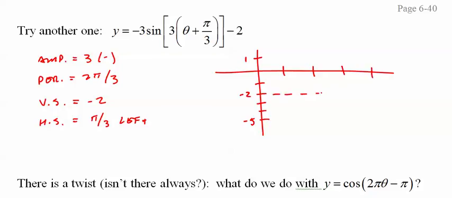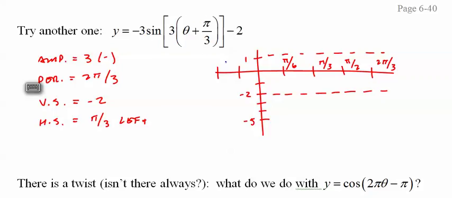Hang on, let me dot some lines in here and try and avoid them. 2 pi over 3, half of that is pi over 3. Half of that is pi over 6. 1 pi over 6, 2 pi over 6, 3 pi over 6, also known as pi over 2. We have a shift of pi over 3 to the left. That's 2 tick marks. Negative pi over 6. Negative pi over 3.